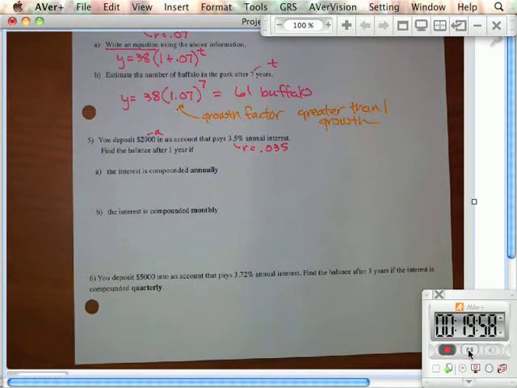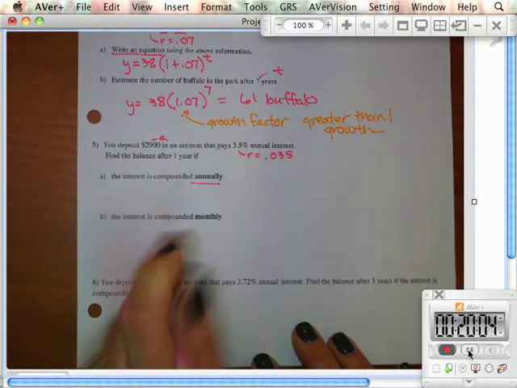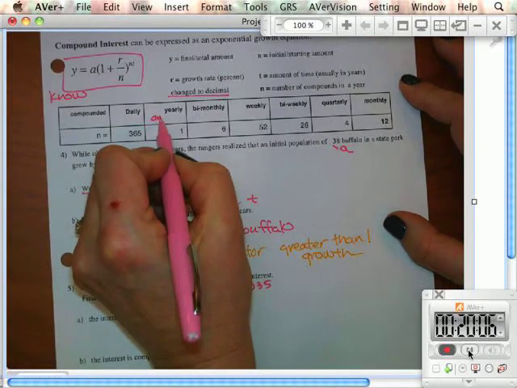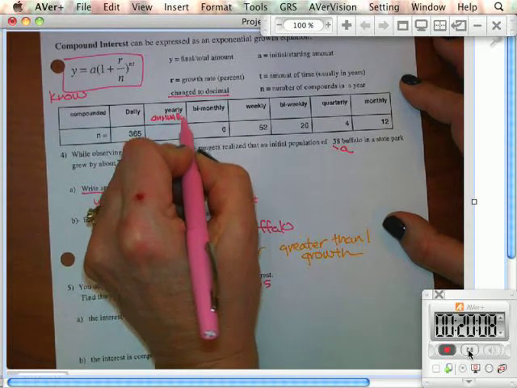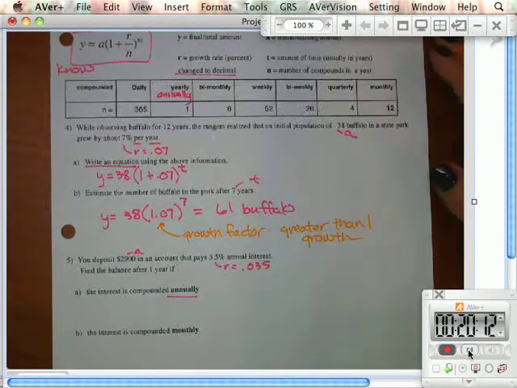Find the balance after 1 year if the interest is compounded annually. You could write up here annually is the same as yearly. So once a year. So what's my n going to be? 1. Okay? So let's write this equation.